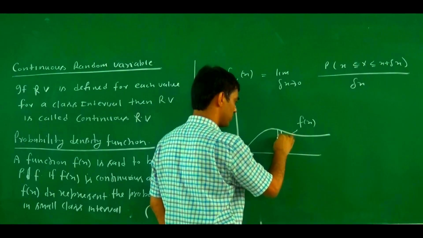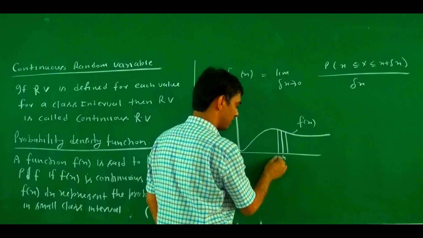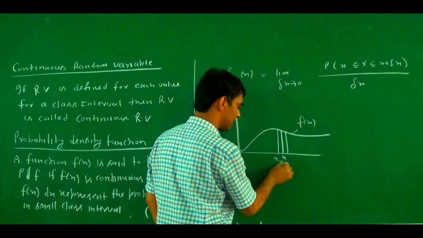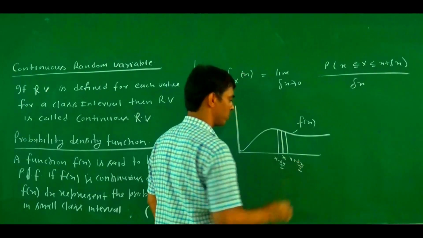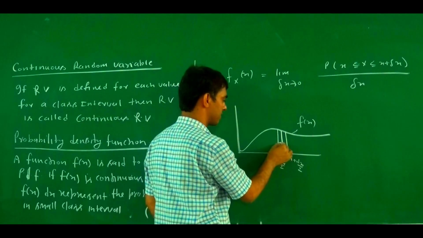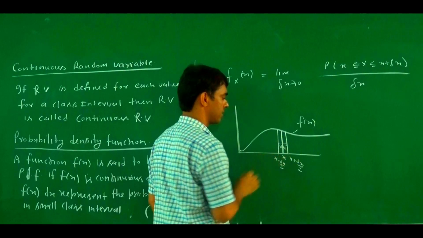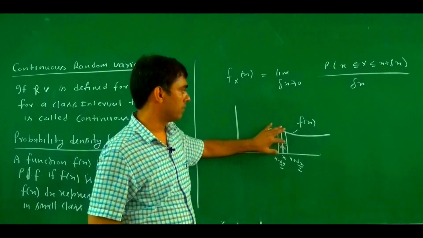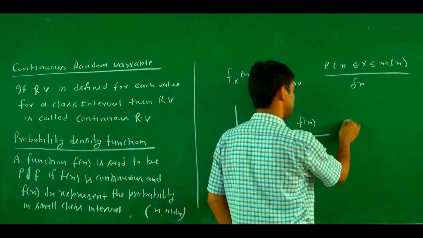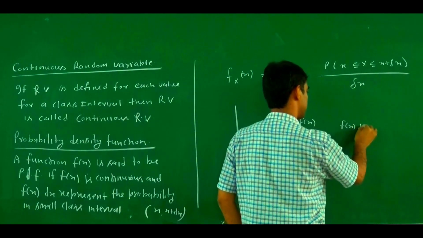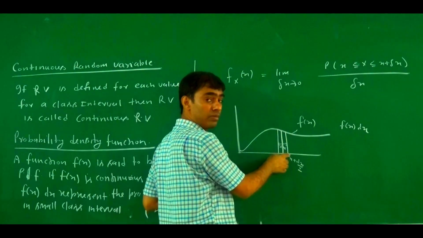This is a very small dx, from x minus dx by 2 to x plus dx by 2. Then f(x) dx represents the probability for this small class interval.